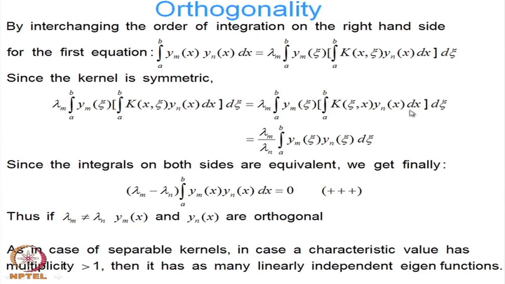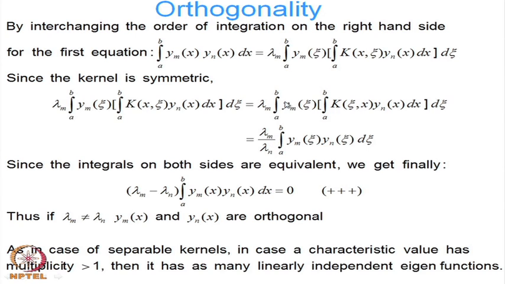So, this term within brackets is nothing but yn of xi. If you look at the term within second brackets, that is nothing but yn of xi.